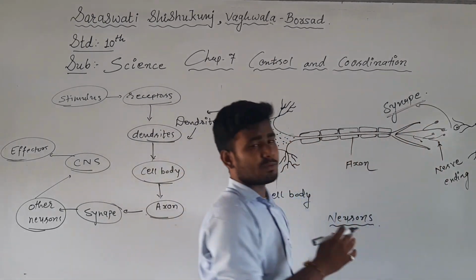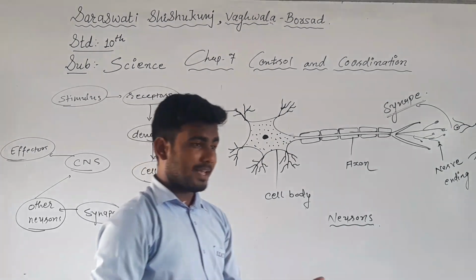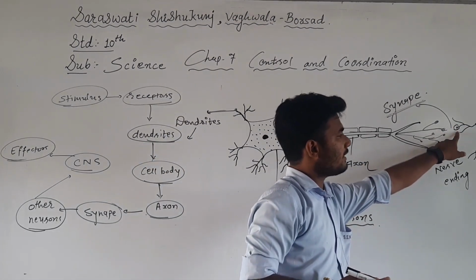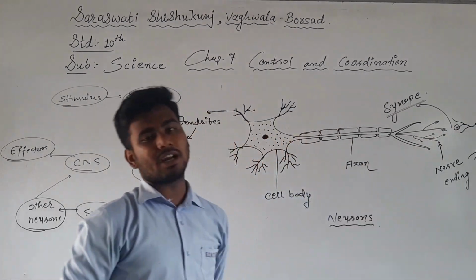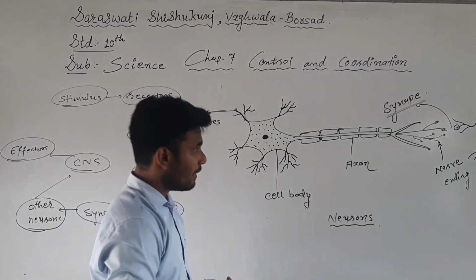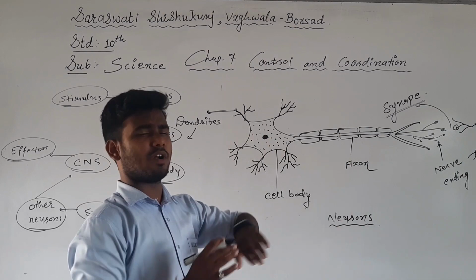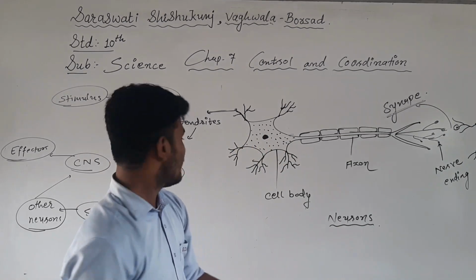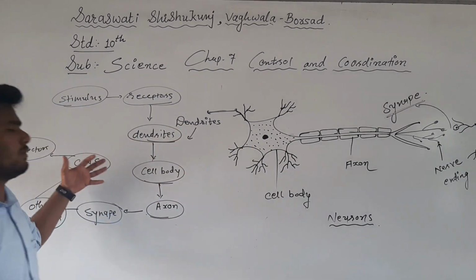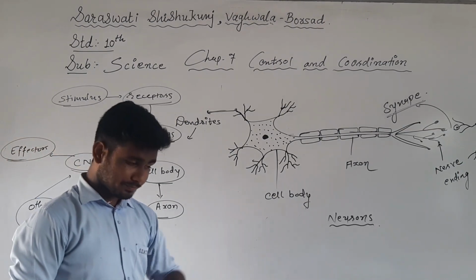In this synapse, it will again get converted into chemical, and the other dendrites will receive it and convert it into electrical impulse, and that way it will pass from one neuron to another neuron to different neuron tissues, and from there it will move to our central nervous system.